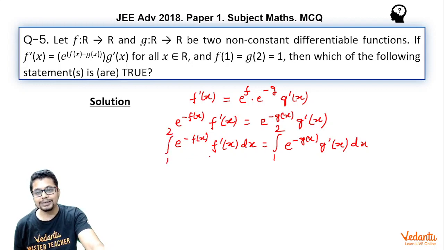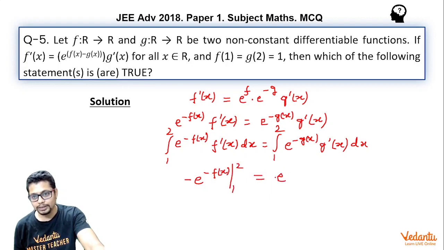So now as I integrate, again, just as I had already said, g of x if I take as t, g prime x dx becomes dt, and the integral of e to the power minus t dt is e to the power minus t times minus 1. So essentially on both sides I would get minus e to the power minus fx with limits 1 to 2 equal to minus e to the power minus gx with limits 1 to 2.